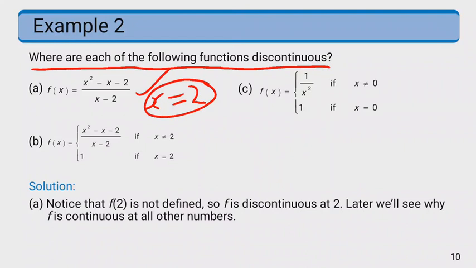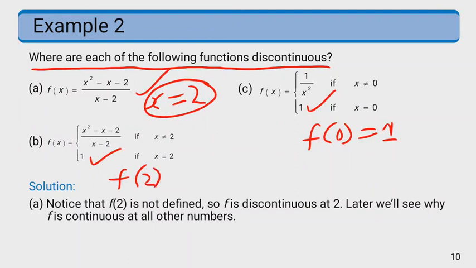Number B, you can see that the function is well defined at x equals 2. And also number C, the function is defined at x equals 0, and the value of the function at x equals 0 is 1. And also here the value of the function, number B, at x equals 2 is 1.